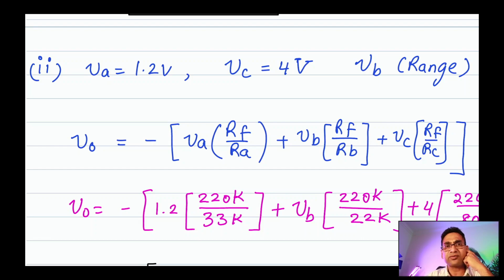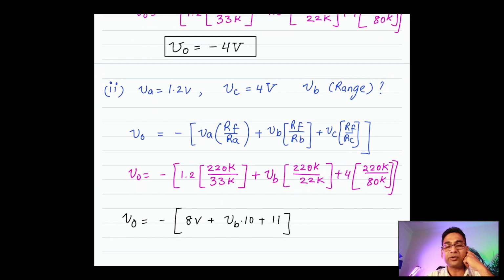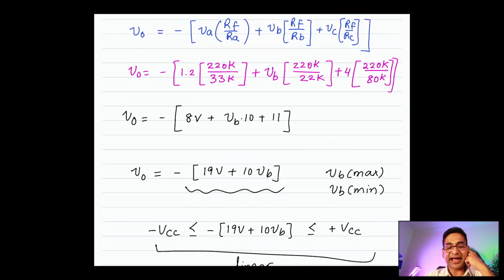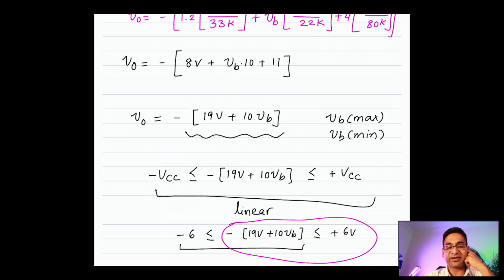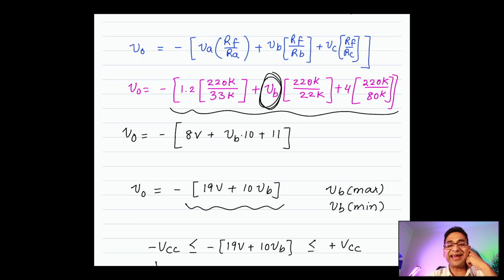This is the formula that Aguilar gave us from his analysis. You can derive this formula by using first principles, by applying KCL at Vn, the V negative terminal node. Now in order to calculate the range, all we have done is to take this exact same formula, plug in all the numbers except VB, because we are trying to find the range for that. We don't know the range, so we leave it as VB.